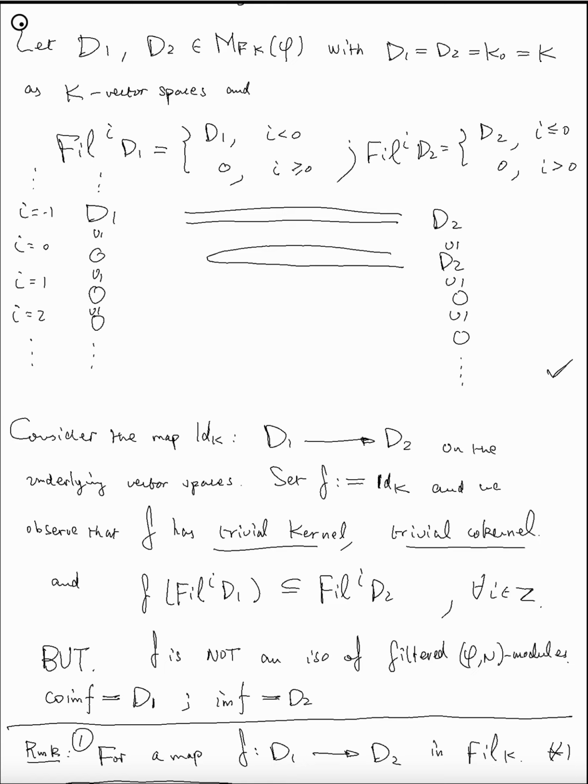So the image of f would use the same filtration as D2, and so altogether it is just D2. While the coimage of f is, if you remember, D1 quotient by the kernel, which is 0. Basically, D1 quotient by the kernel has the same filtration as D1.